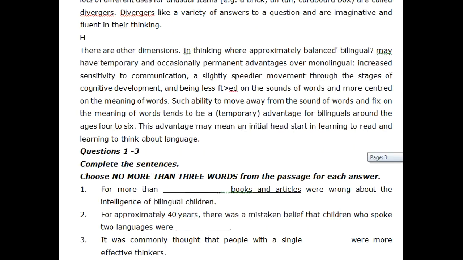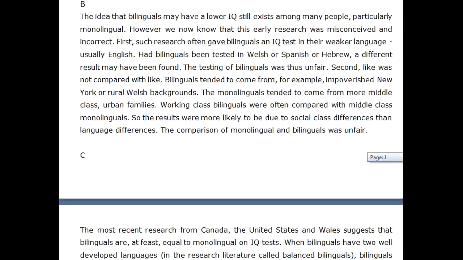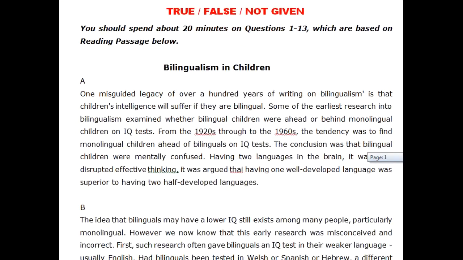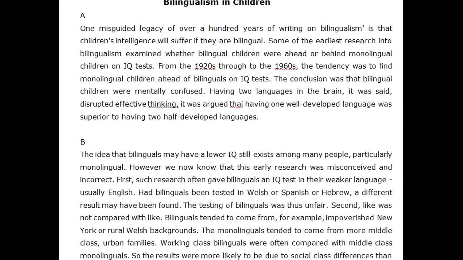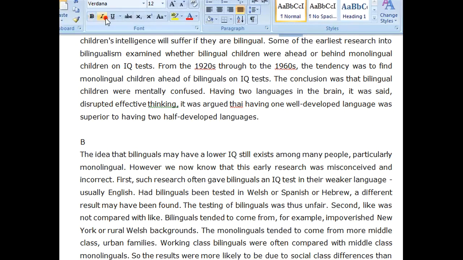Fine. So let's start reading the passage. What I'm going to look for is books and articles. One misguided legacy of over 100 years of writing on bilingualism. Perhaps I've got books and articles. So writing gives you an idea about that, perhaps the books and articles that you're talking about.